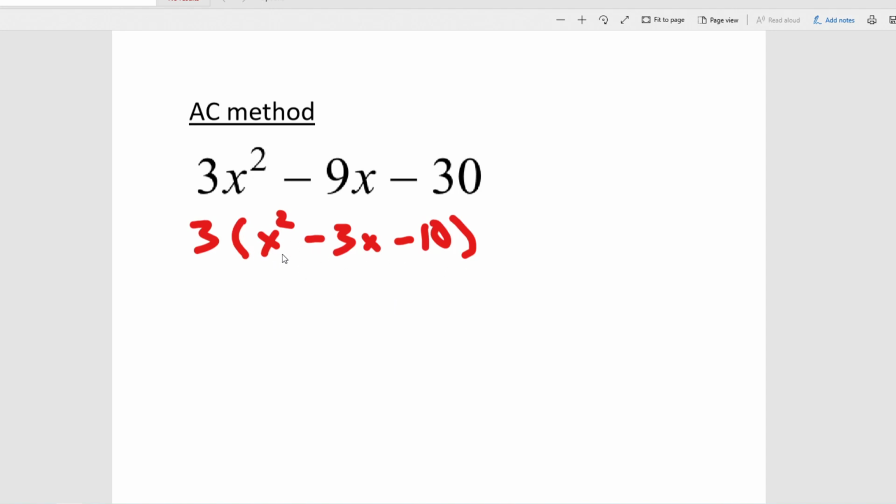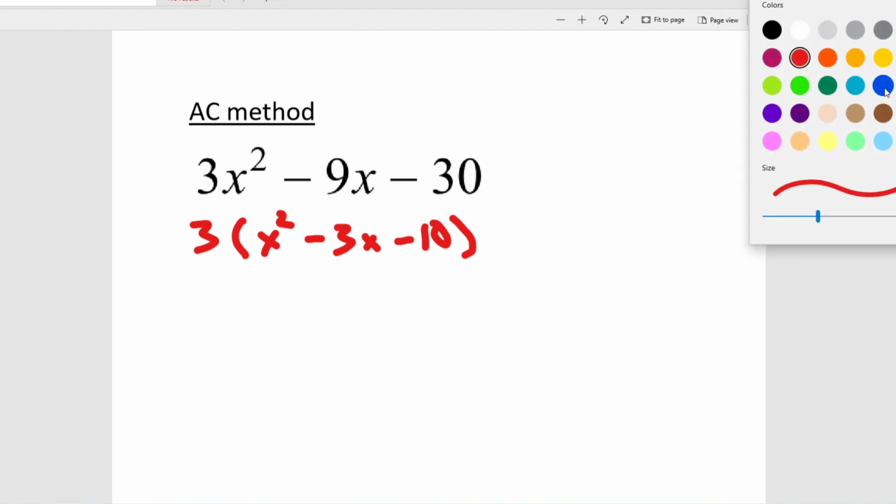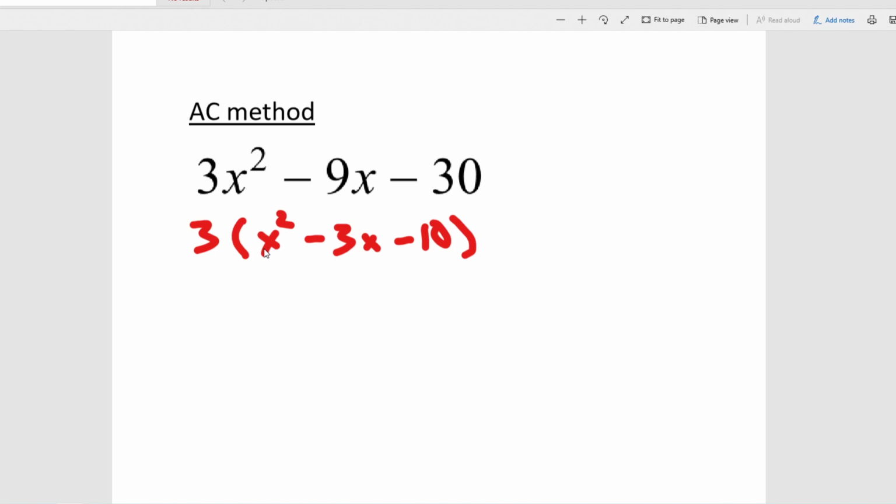Problem is I'm not done. This can actually get factored further using what's called the AC method. I'm going to use a different color here.